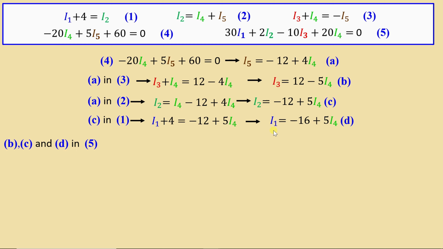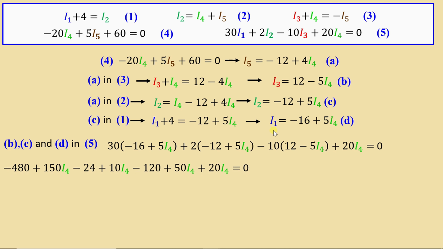Now, by substituting B, C, and D in 5, we obtain an equation only in terms of I4. By continuing developing and simplifying this equation, we obtain negative 480 plus 150 I4 minus 24 plus 10 I4 minus 120 plus 50 I4 plus 20 I4 is equal to 0.